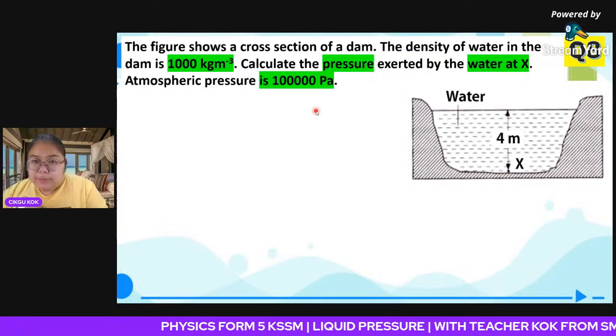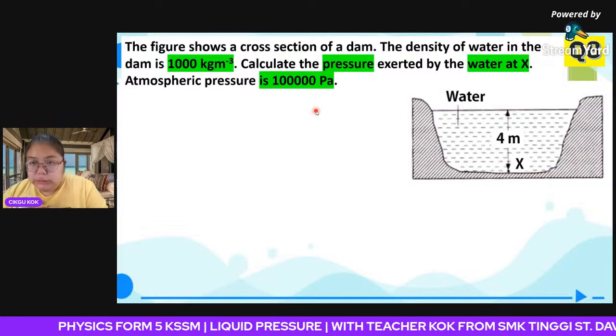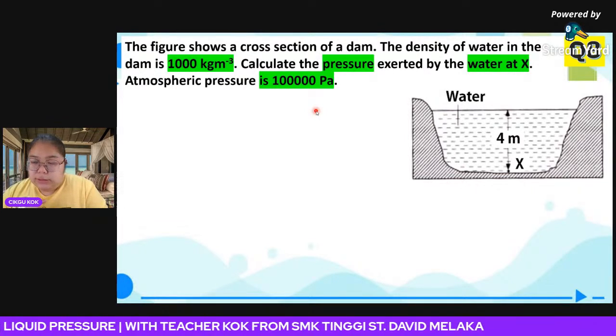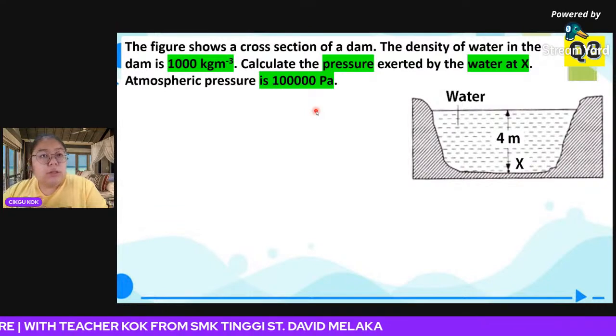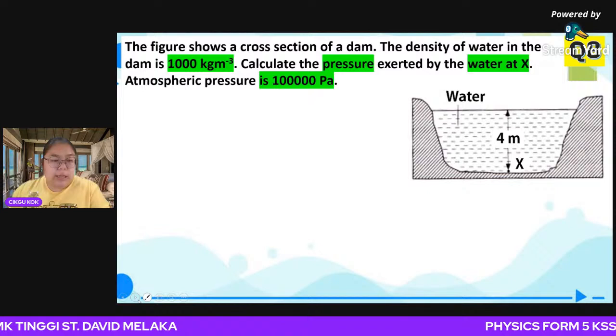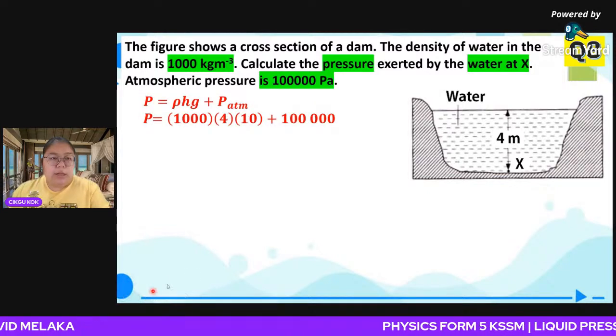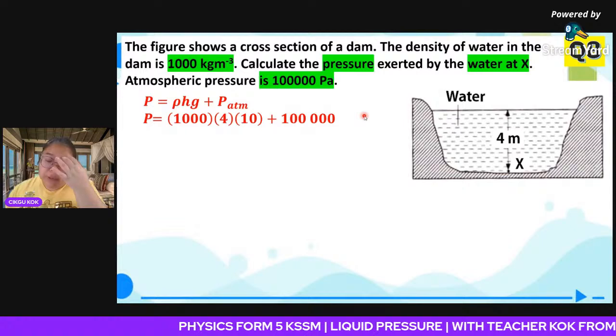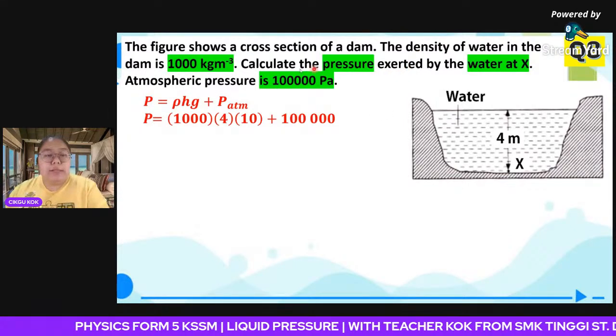Exerted by water at the X. Okay, 40K. You see, I also did it wrong, because they say by water. So be careful. You see this one question, I also did wrong already.